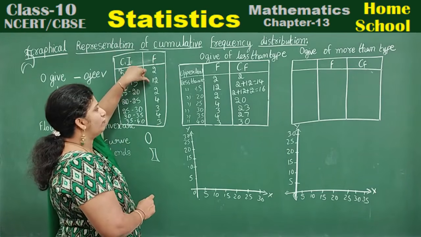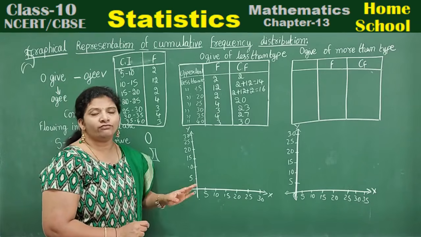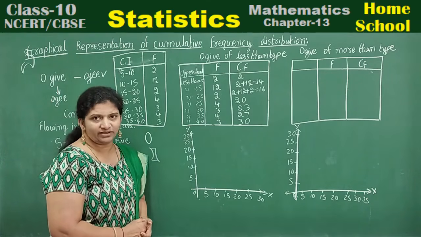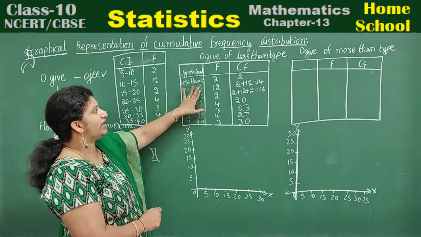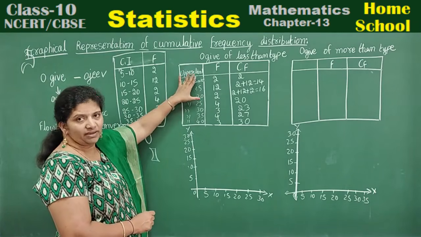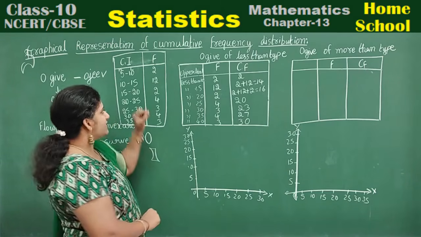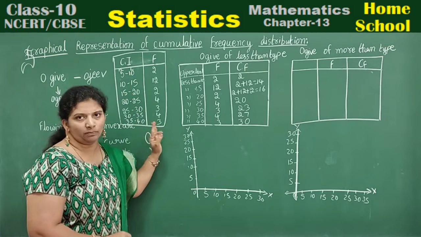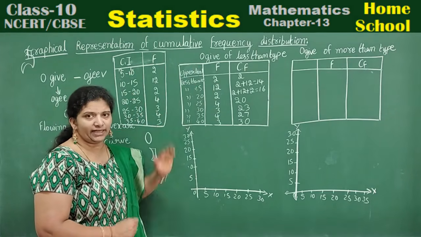Suppose you have 2, 14, 16, 20, 23, 27, 30 there, no need of adding again. Directly take this as cumulative frequency, take your upper limits, and draw the graph directly. If they are not in a proper order, then write cumulative frequency in your table.